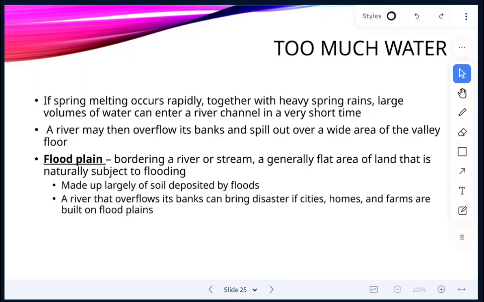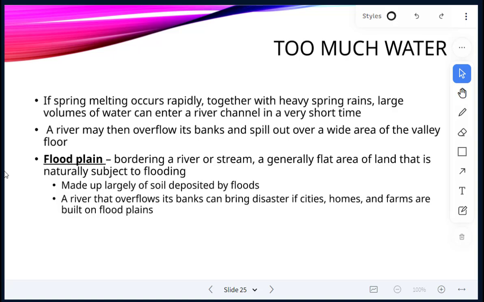Too much water. If spring melting occurs very fast, together with a lot of heavy spring rains, there are large volumes of water that can enter a river channel in a very short time. A river may then overflow its banks. It can spill out over a wide area of the valley floor. A floodplain, we've seen before, is that area bordering a river or stream.